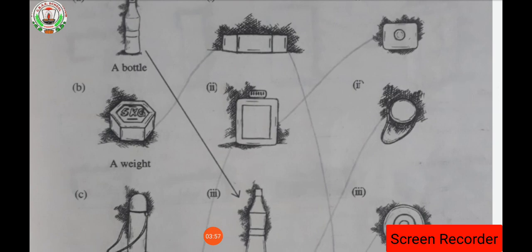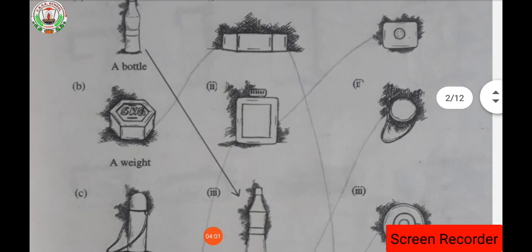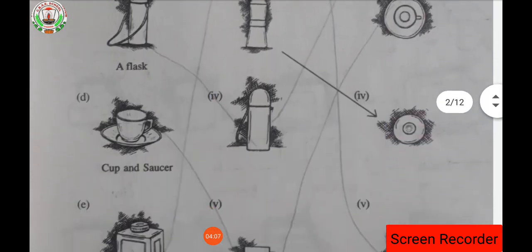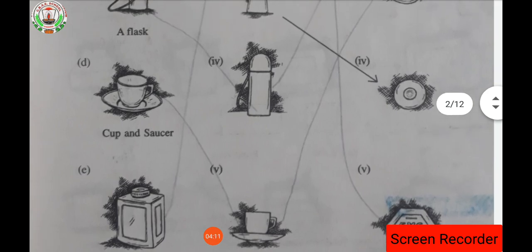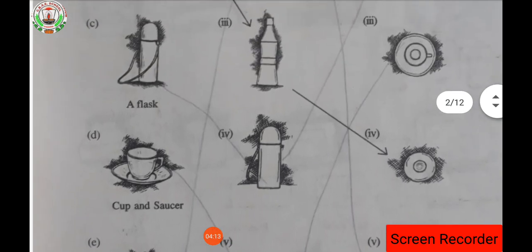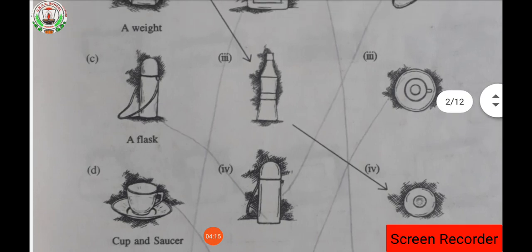Then the second one is a weight. A weight's side view is here, isn't it? And its top view will be at the last, like this. Students, here I have already matched all the things in the book itself, so you also have to match.